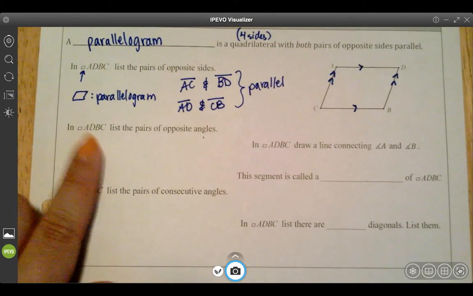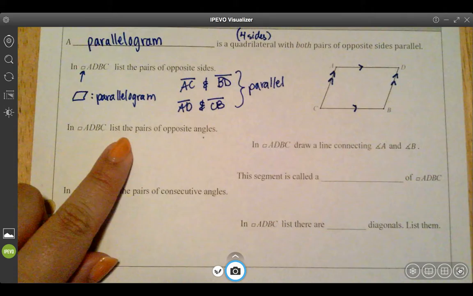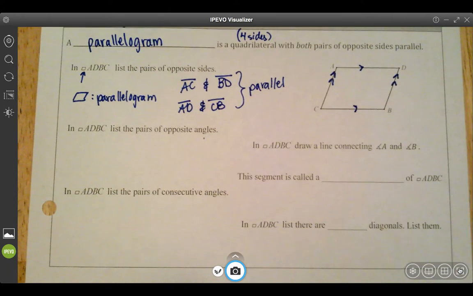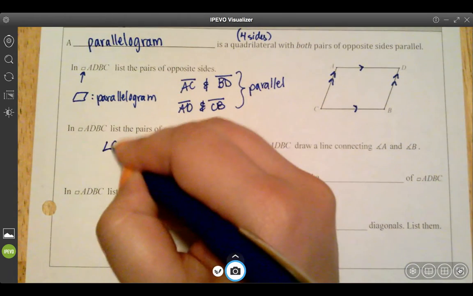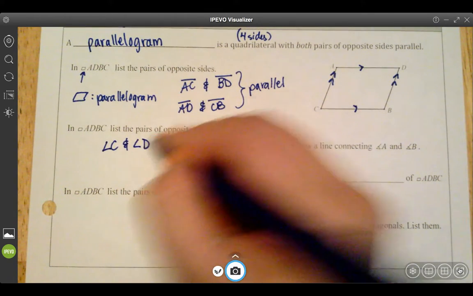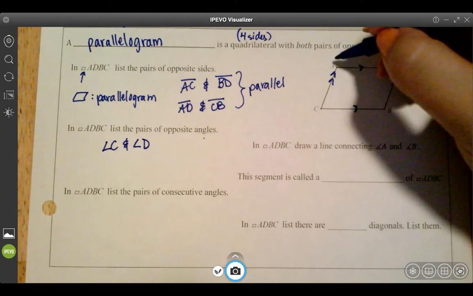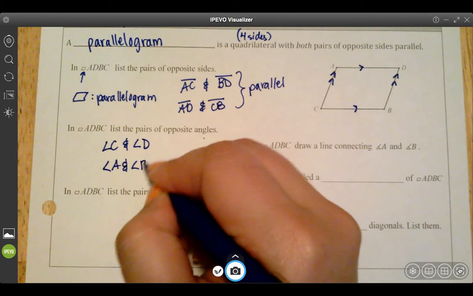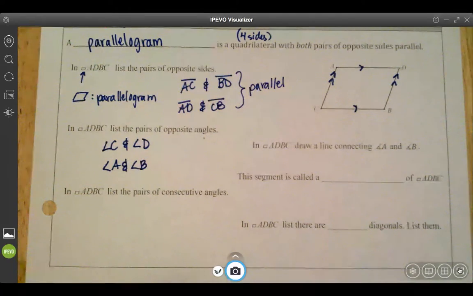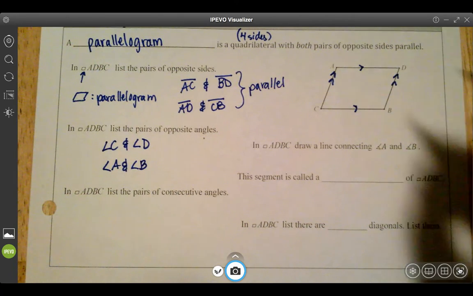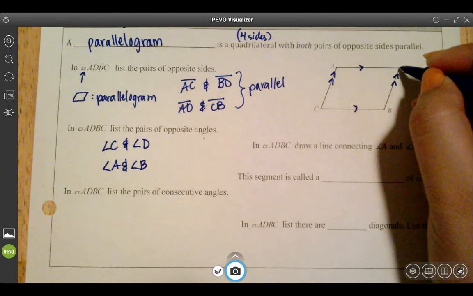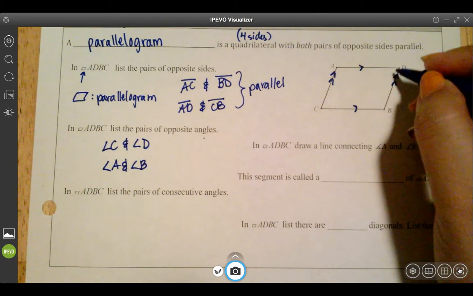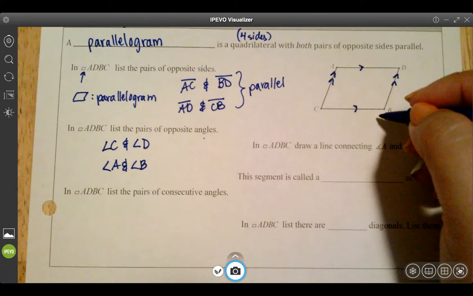In parallelogram ADBC, list the pairs of opposite angles. So we're looking now at angles that are across from each other. So we have angle C across from angle D, and across, angle A and angle B. Now, if you remember back to our properties from transversals, we could say that angle D and angle B are supplementary because those are consecutive angles.